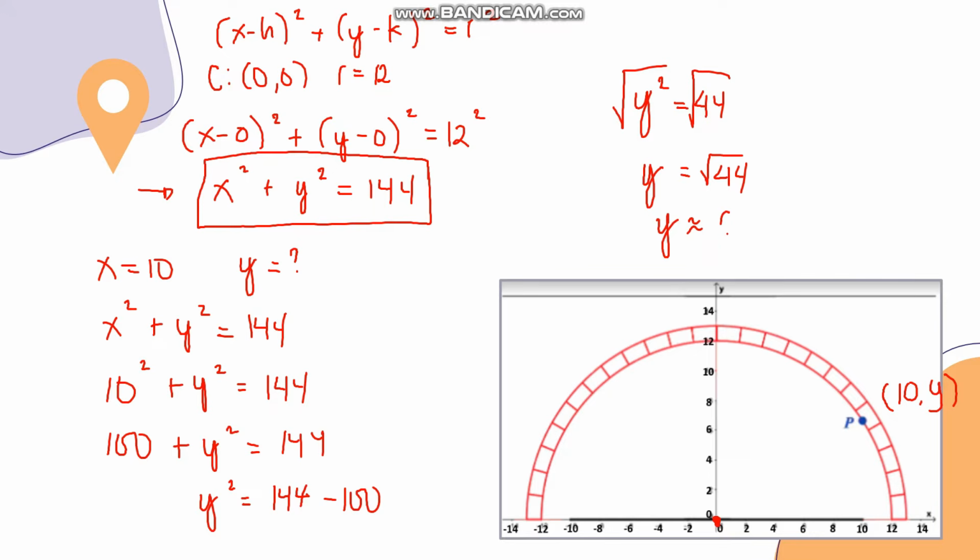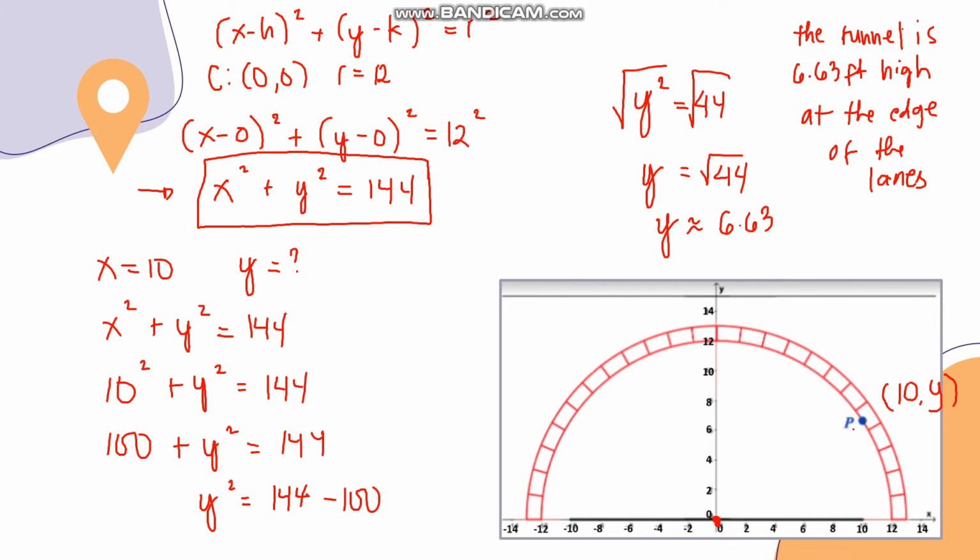we will get 6.63. Therefore, we can say that the tunnel is 6.63 feet high at the edge of the lanes.